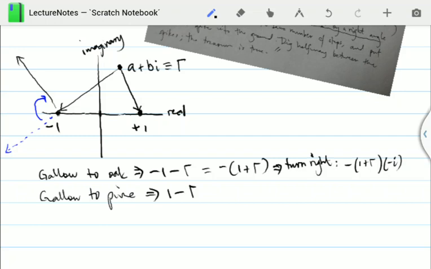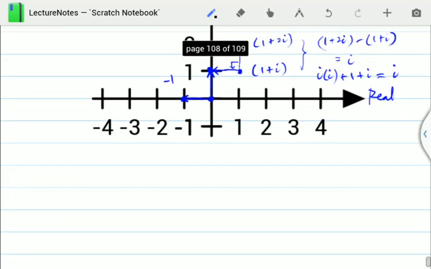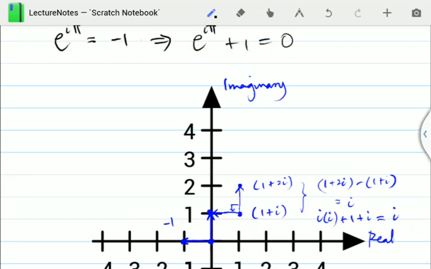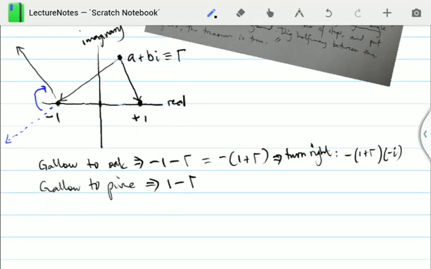Okay, so that's after turning right. But note that 0 is not the reference point. The reference point after turning right is -1, and like I said before, you add the original number to the reference point in order to find the correct final point. So this is the final point, the location of spike 1, and it will be given by minus i times (-1 minus gamma), and then added to the reference point, which is negative 1.